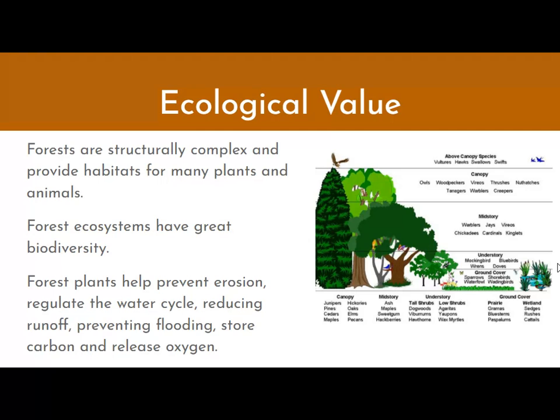If you took all of the different species on Earth and put them into a list, and then took all of the ones that are only in rainforests and made another list, that list of rainforest species is bigger than all of the other biomes combined. So rainforests are a very large source of ecological value, not only for the amount of species they hold, but also for regulating the water and carbon cycle and preventing flooding.